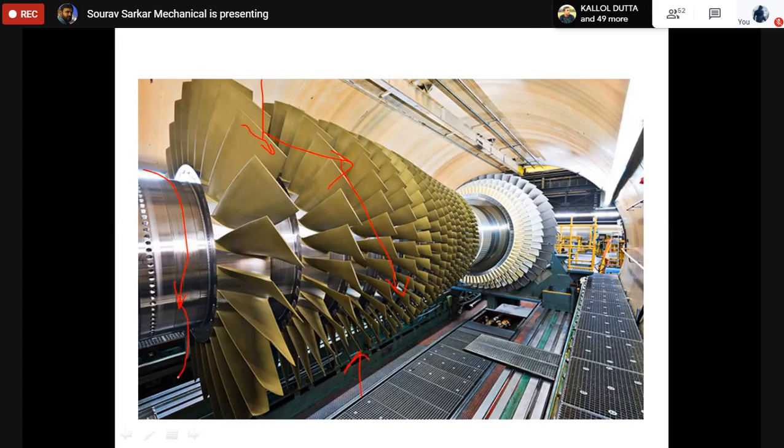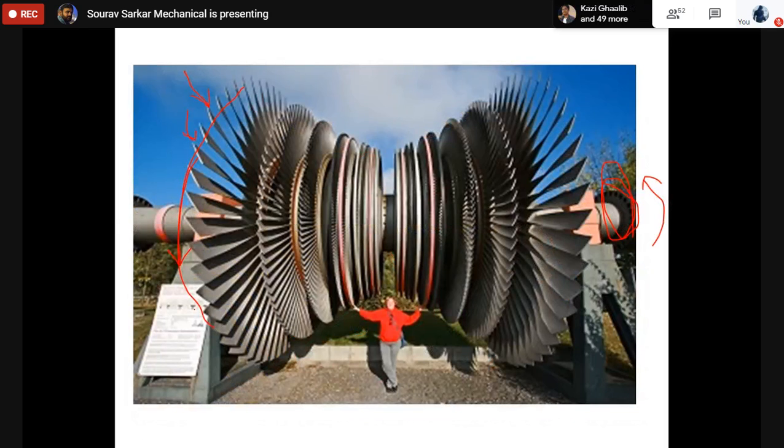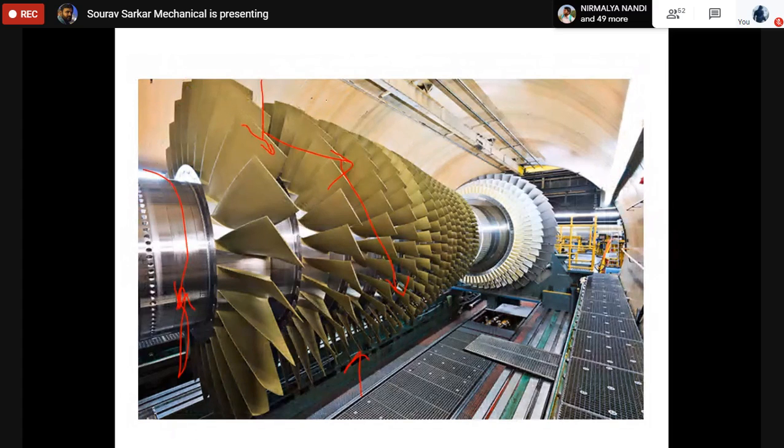You are forcing this shaft to rotate. Here, the fluid is hitting this shaft, and due to this it is rotating. So it is work done by the system, and the other is work done on the system.